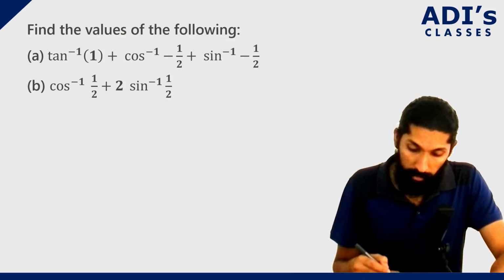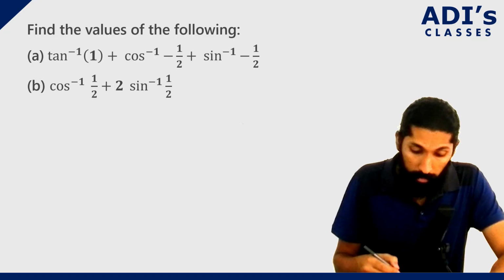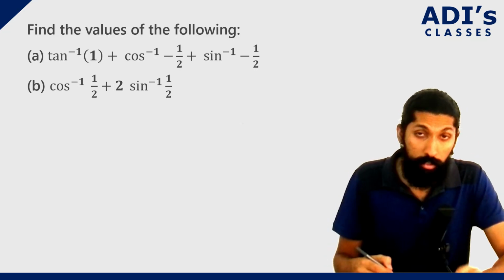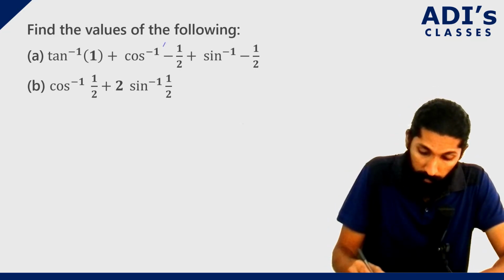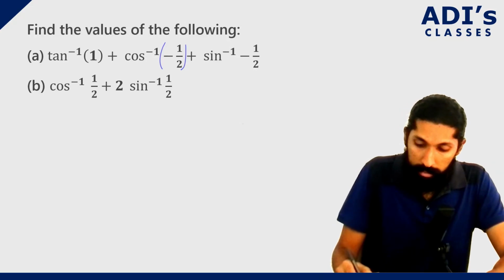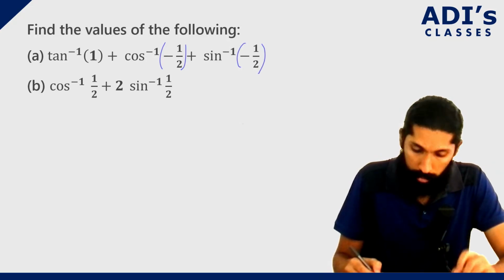See the question. Find the values of the following. Under that, first one: tan inverse of 1, cos inverse of minus half. Guys, cos inverse of minus half, pay attention. Sine inverse of minus half, pay attention.